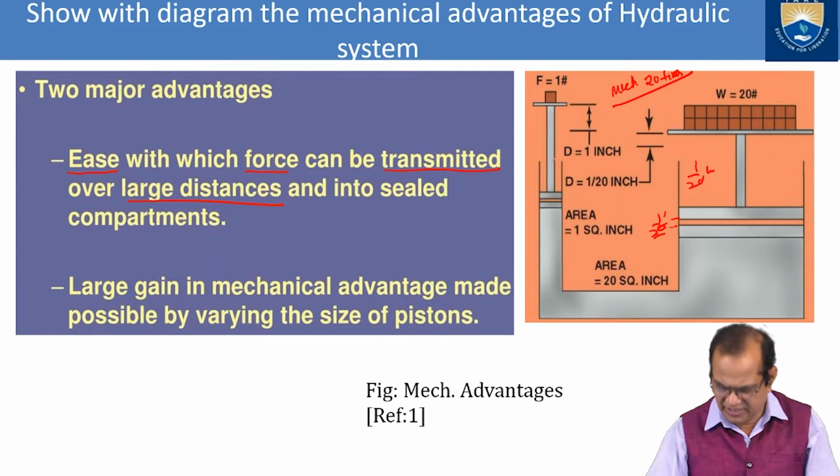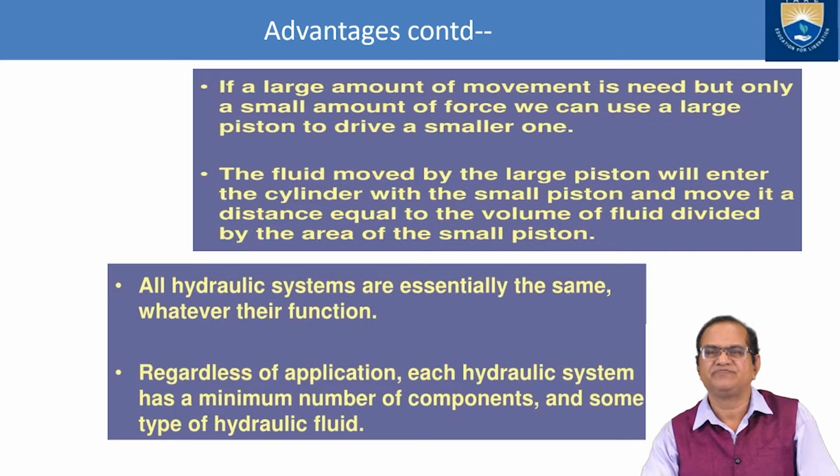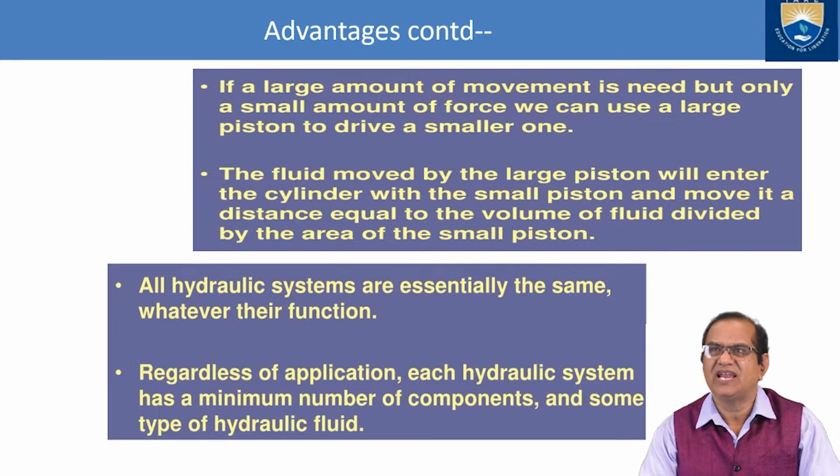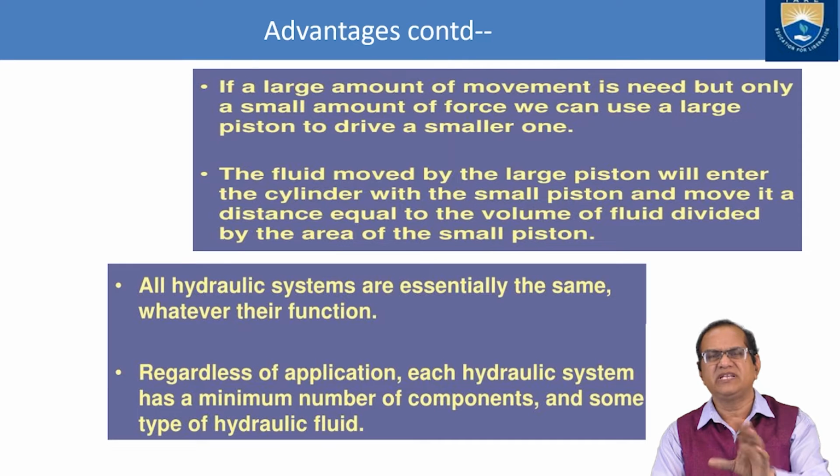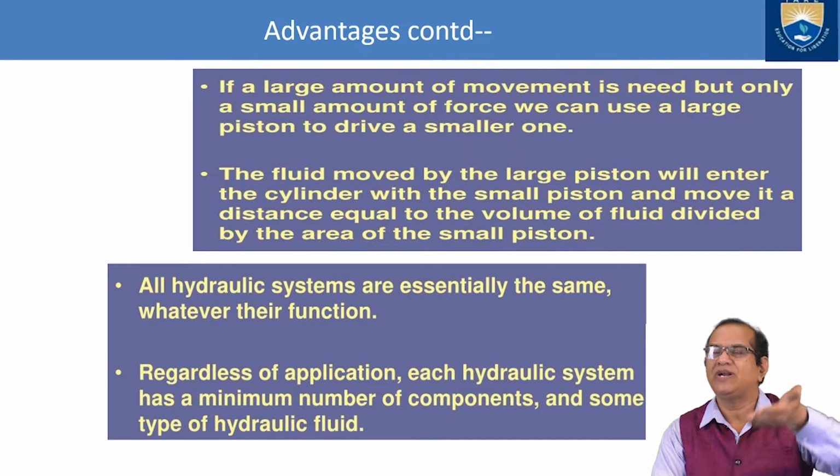So it is another advantage. The fluid moved by the large piston will enter the cylinder with the small piston and move it a distance equal to the volume of the fluid divided by the area of the small piston. So in this example, it is 1 into 20, so 20 times.